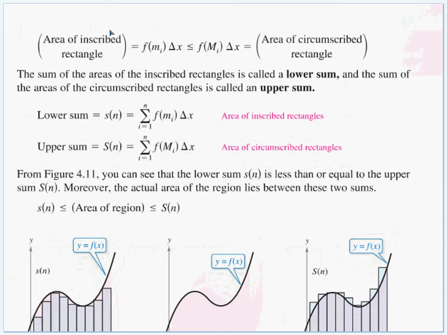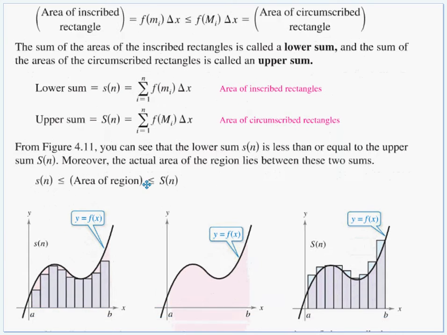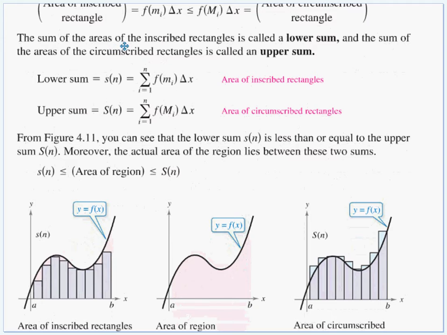The area of the inscribed rectangle is f of lowercase m sub i times delta x, base times height. And that is always going to be less than or equal to f of capital M sub i times delta x, base times height.